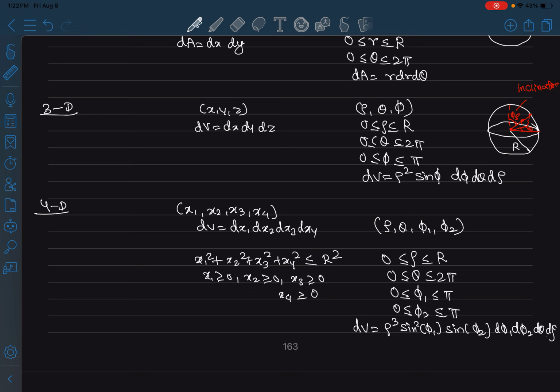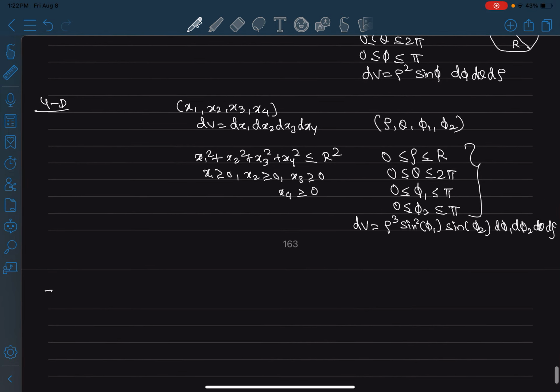So this will be the dV in 4 dimensions, and these coordinates with the given domain will be enough to access any point on that 4 dimensional ball. That's how we do it in 4 dimensions.